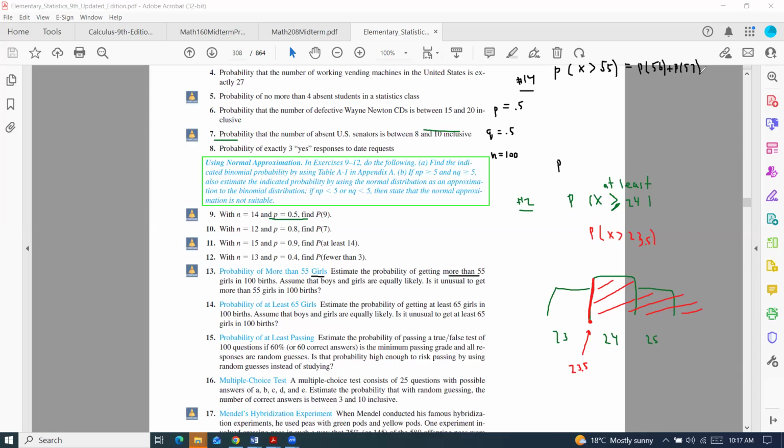That's what we used to do back in chapter 4, in the previous chapter. So all the way to 100, right? Because more than 55 girls means anything bigger, and looks like there'll be like 45 or 44 probabilities to calculate.